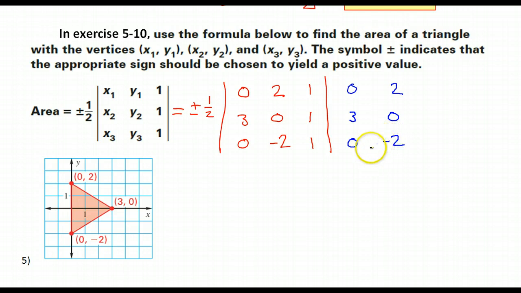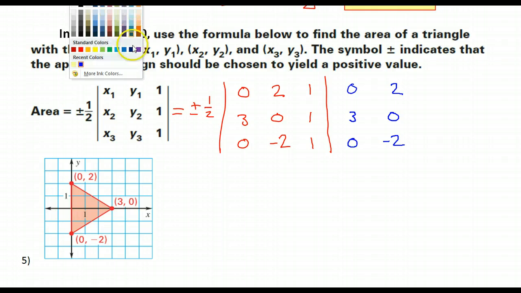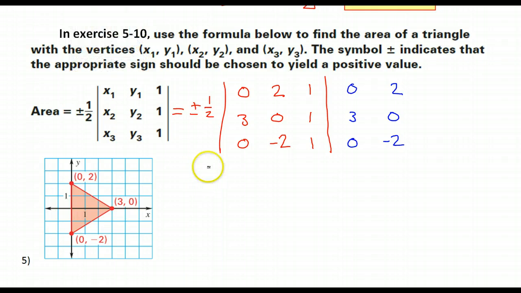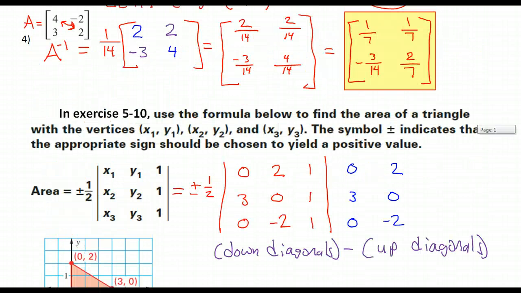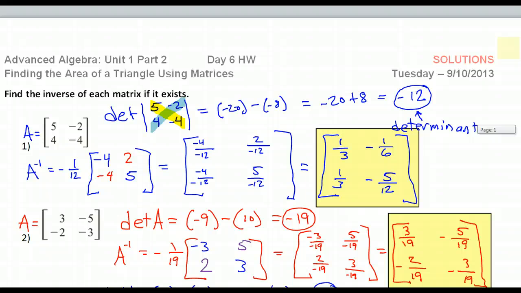Now, the way we do it is the down diagonals minus the up diagonals. It's very similar to the way we were doing the determinants of a 2 by 2 matrix.